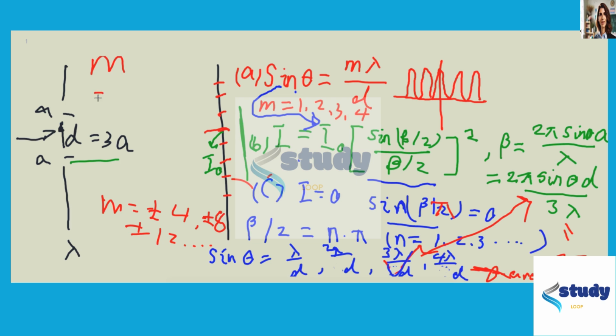So m equals plus or minus 3, plus or minus 6, plus or minus 9, something like that. So whatever, this is actually the interference effect with the diffraction effect together. That's what we calculated.